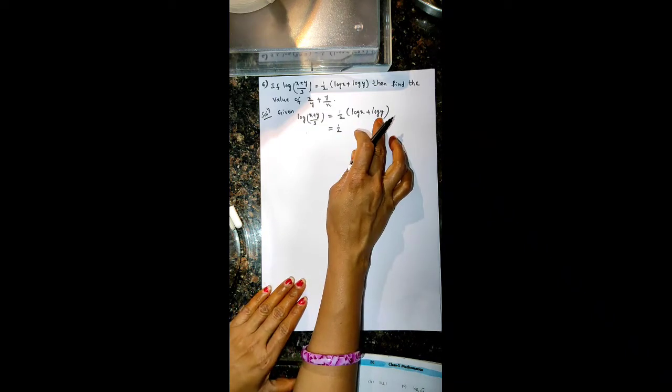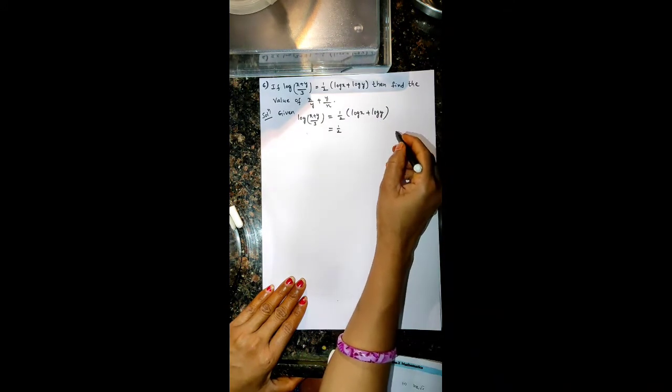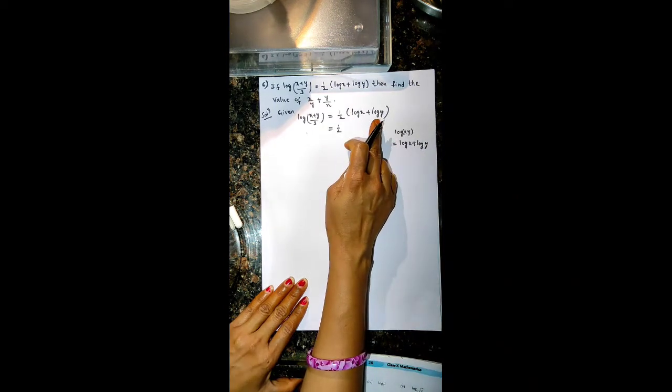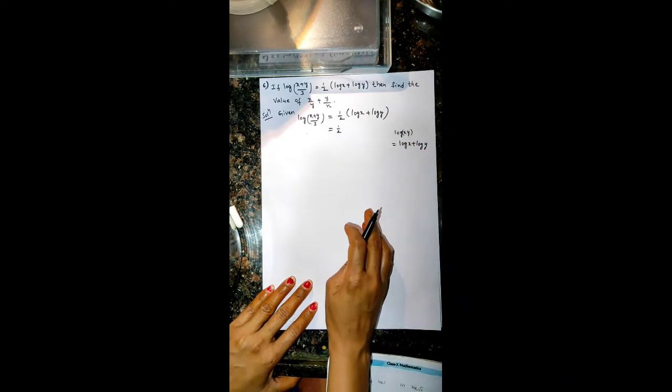What is the formula? Log x plus log y equals log xy, no? Already we know that, the product rule: log xy equals log x plus log y. Here they have given log x plus log y, means instead of this you can write log xy, no?